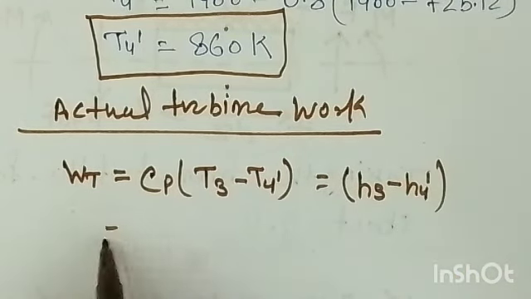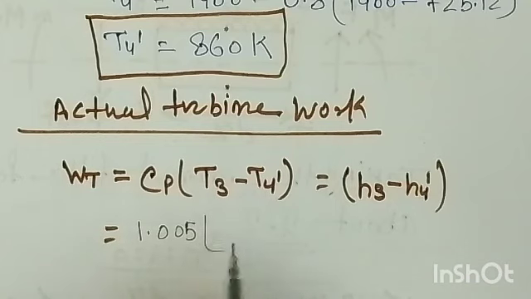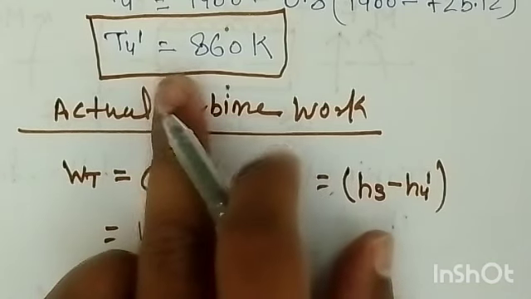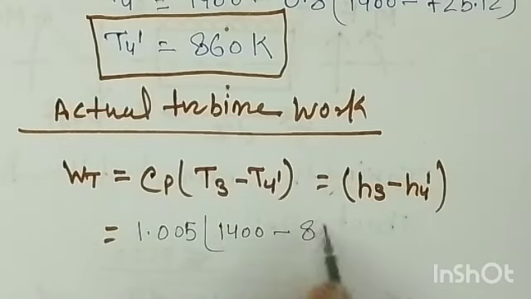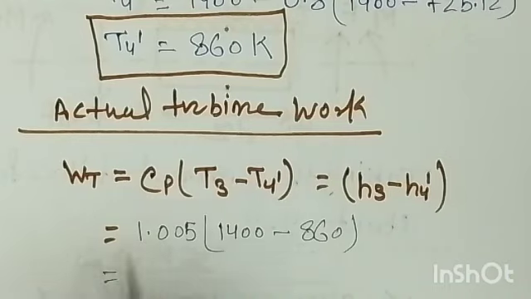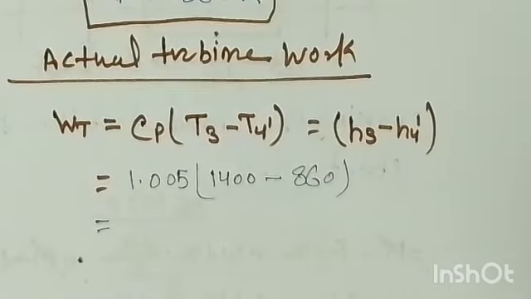Cp, the specific heat of air, is 1.005. T3 is given in the question itself, that is 1400, and T4 dash we got just now, which is 860 Kelvin. While you calculate this, you will get the values.